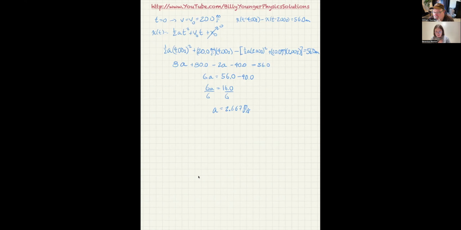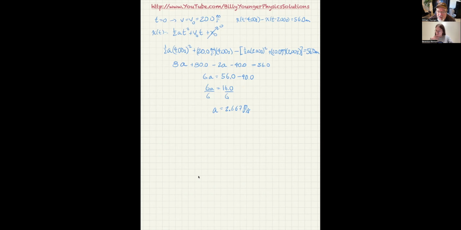But because they did tell us the distance traveled in a period of time, you know that period of time, the distance was x of 4 seconds minus x of 2 seconds. So you just find an equation for x that involves acceleration and an initial velocity not being zero. So that made me think of the 1/2 a t squared equation. Okay.